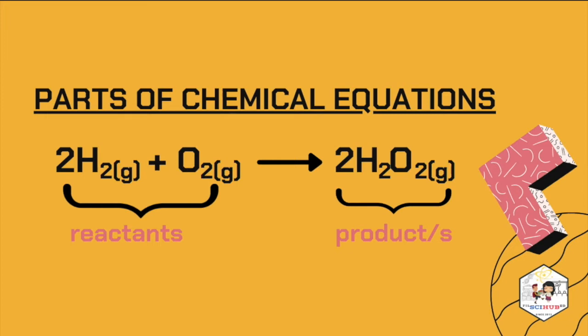So reading the equation, we have two molecules of hydrogen gas and one molecule of oxygen gas yields, yan. So sinasabi ng arrow kung saan papunta ang ating reaction, which is towards the product side of our equation. So our product for this example is two molecules of water as gas. The product or products is or are usually found at the right side of the equation.